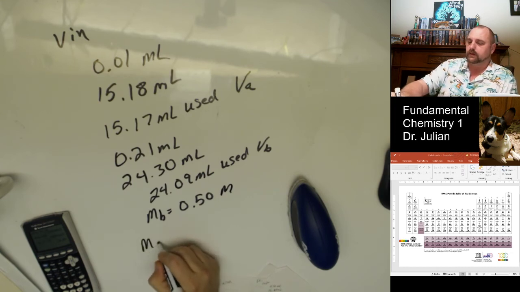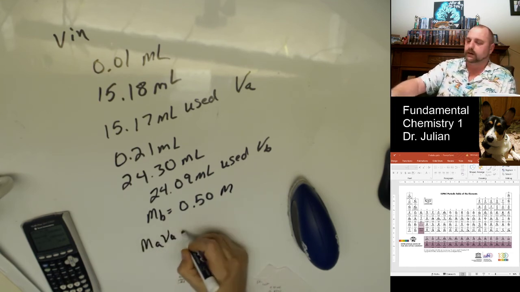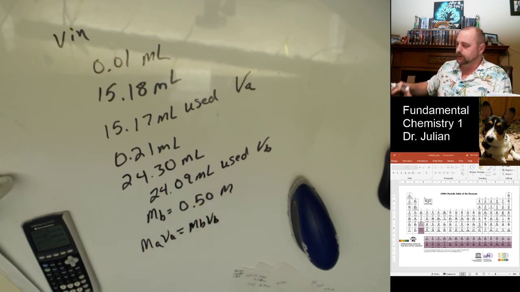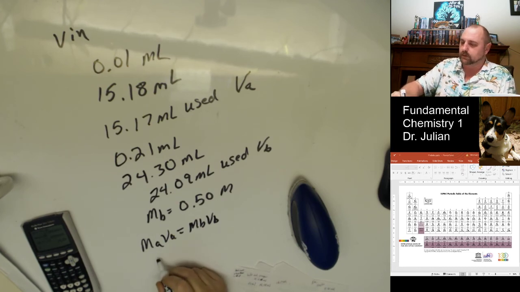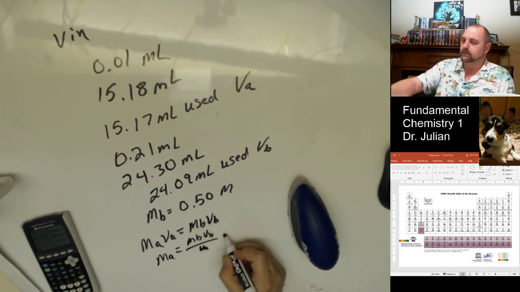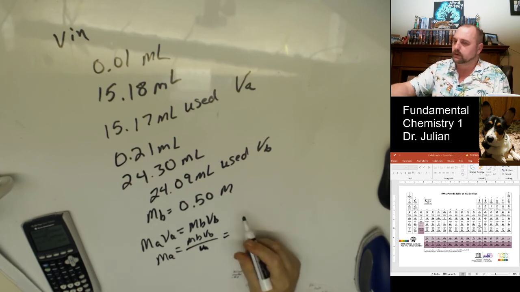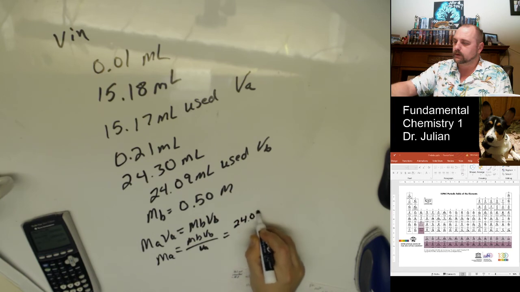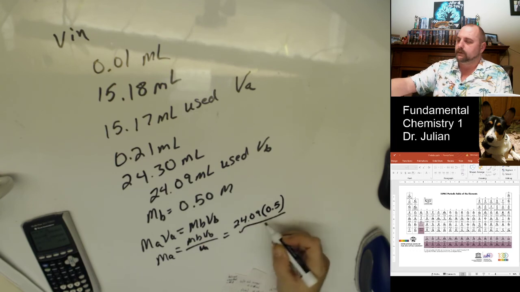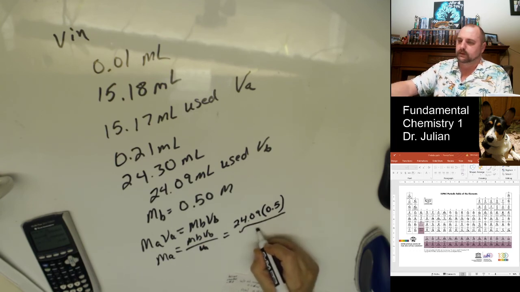So it was 1-to-1. So MAVA equals MBVB. And we're going to keep these in milliliters, it'd be just fine. And so molarity of the acid is MBVB over VA, which would be 24.09 times 0.5 divided by 15.17.